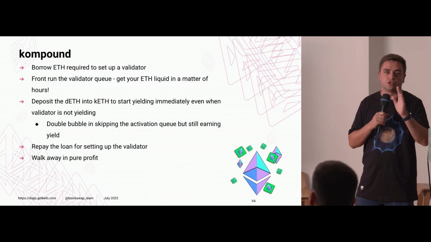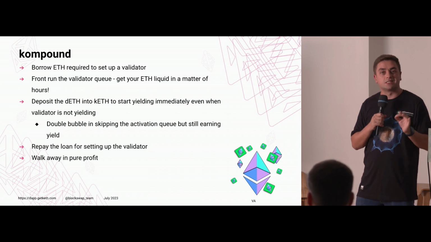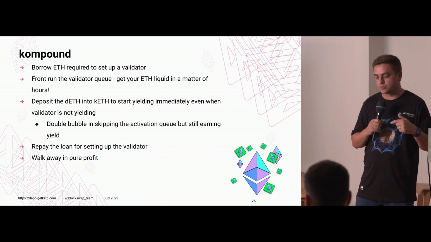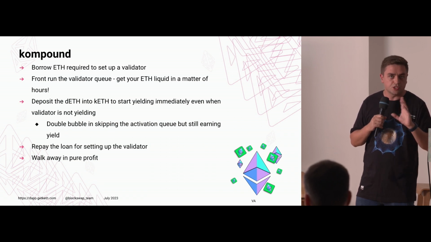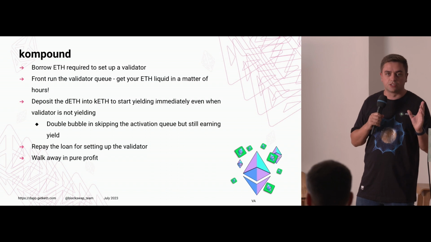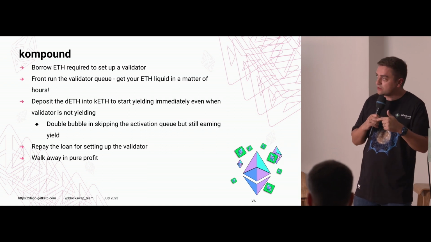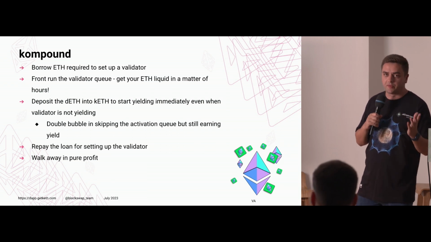You just have to wait for the Ethereum consensus layer fork distance. Once that is complete and the consensus layer has processed the BLS signature and done all the security checks that it needs to do, you can make your tokens liquid. And then you can deposit them into kETH to start yielding. So it's double bubble.